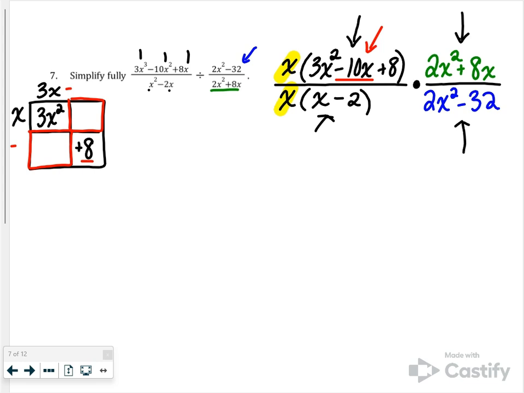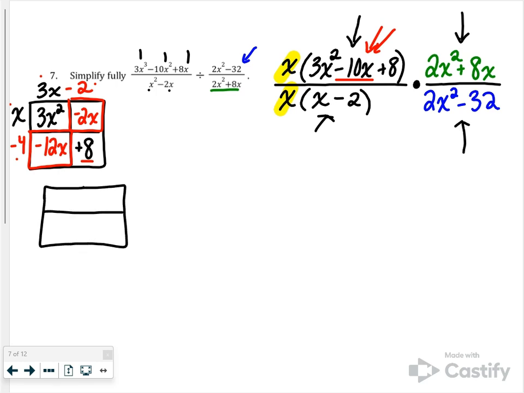We really have a couple options, but we want to try with a negative 2 and a negative 4, and if that ends up multiplying out to negative 10x, we're going to have a good factoring. So let's see, x times negative 2, that'd be negative 2x. And then 3x times negative 4 gives us negative 12x. So we got negative 14x, and we're supposed to get negative 10. So unfortunately, that's not going to do the factoring.